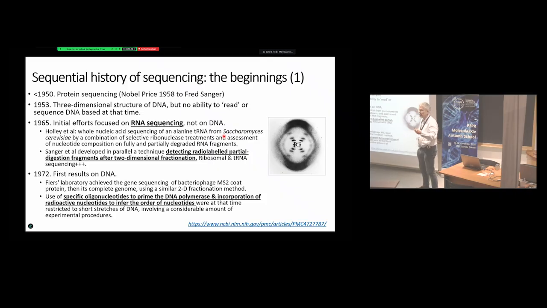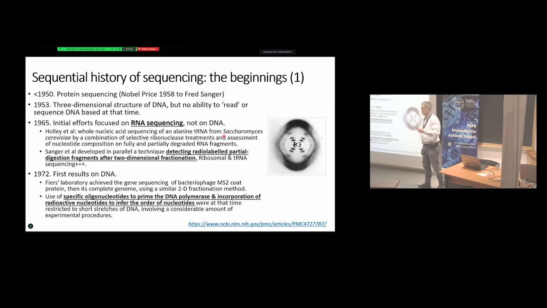And so it is through RNA that nucleic acids became sequenced. It was not on DNA, but at that time, kilograms of transfer RNA were generated. It was really with a huge amount of material that it was possible to achieve the first sequencing of a nucleic acid, corresponding to the tRNA for alanine in Saccharomyces cerevisiae.